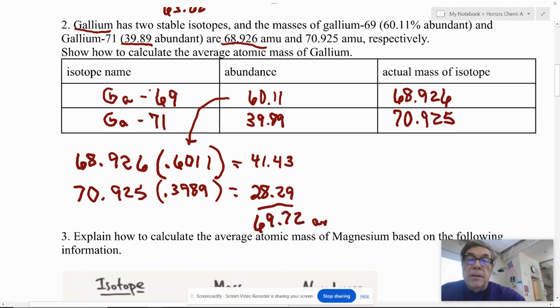And if you want units, those are atomic mass units. We're going to be using grams per mole most of the time. I don't tend to focus a lot on atomic mass units, but that's the mass of one atom, where a proton is about 1 and a neutron is about 1. So this has 69.72 as the average when you take the relative abundance into account.